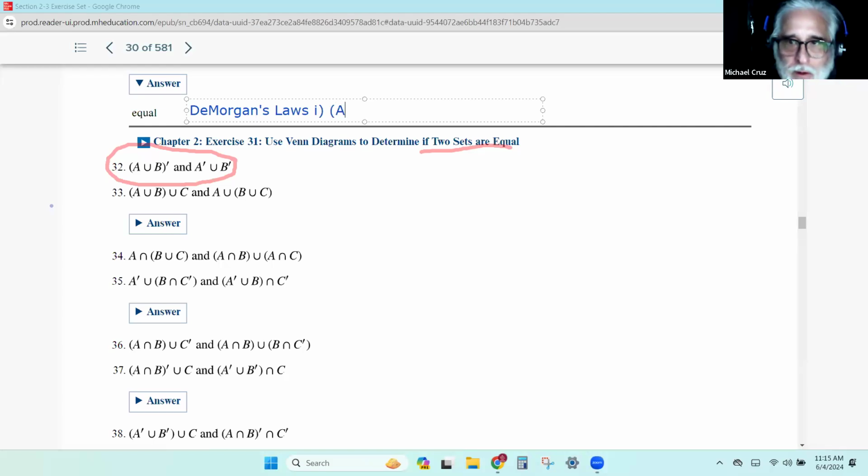You've got A union B. I'm using that just because it's easier than using the C, since I don't really have a little superscript C on the keyboard. Here's De Morgan's law, and I'm going to come back and put in the little symbol. And then the second part is very similar. I'll have to come back and put that in.